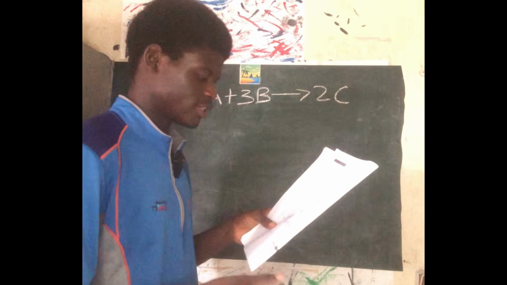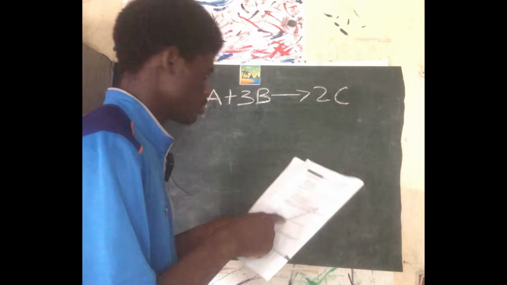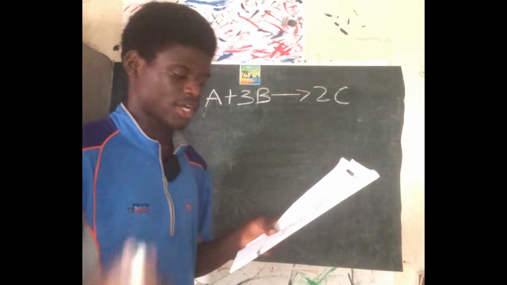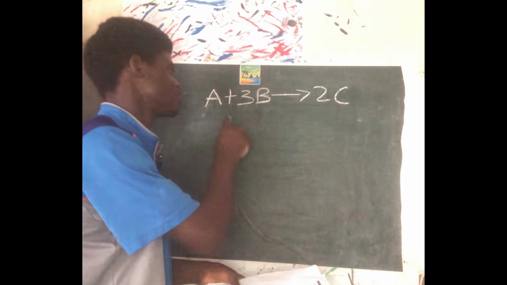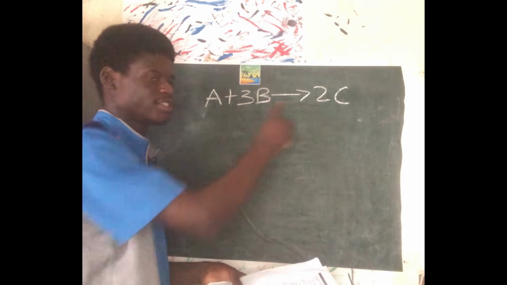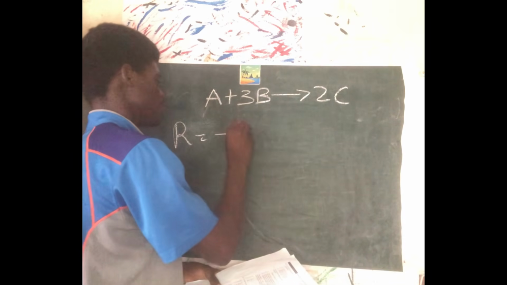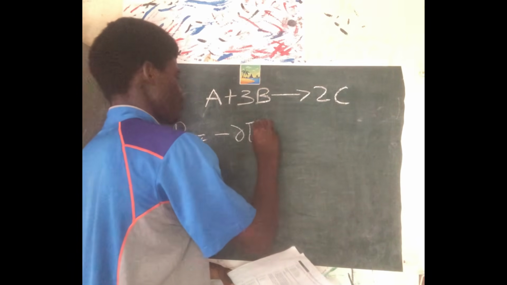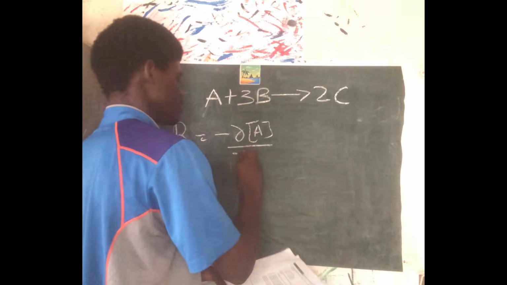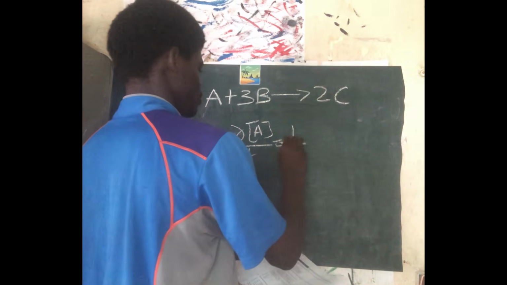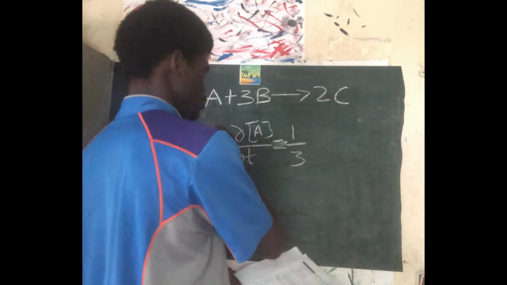So question number 8, they said for the hypothetical reaction A plus 3B gives 2C, the rate should be expressed as... So the rate can be expressed in any of these forms: minus dA over dt, which can also be expressed as minus 1 over 3 dB over dt, but this one is also on the reactant side.